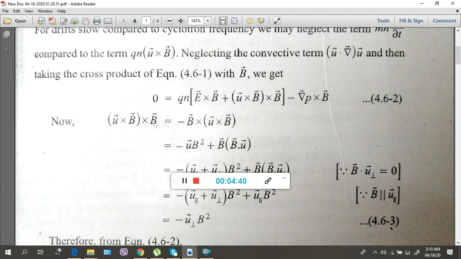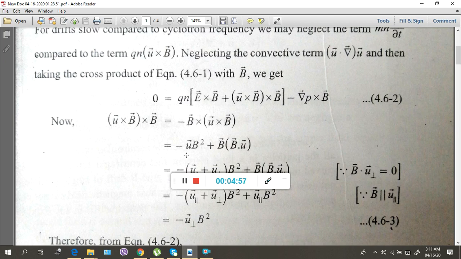Now we can write u cross B as minus B cross u cross B, which is also equal to the vector triple product, the BAC-CAB rule.